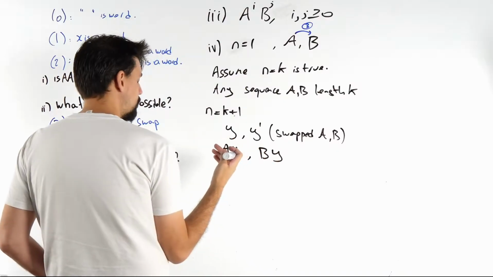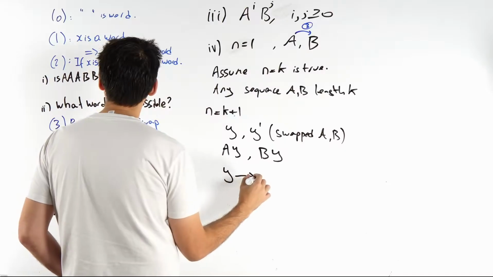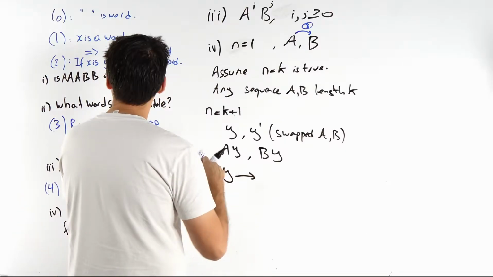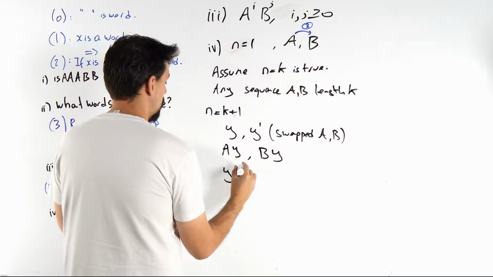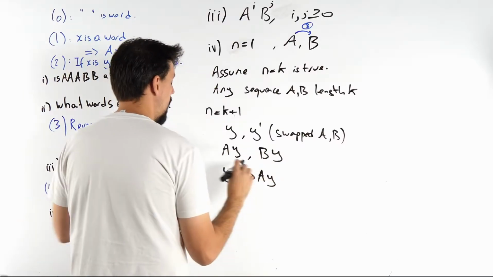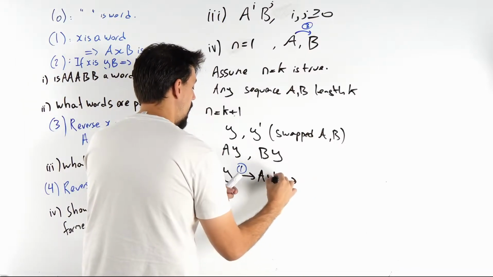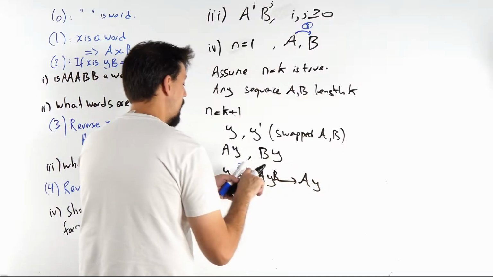So, first of all, I start with Y. I can use rule 1 to get AY, and then I can use rule 2, AYB to get AY, right?